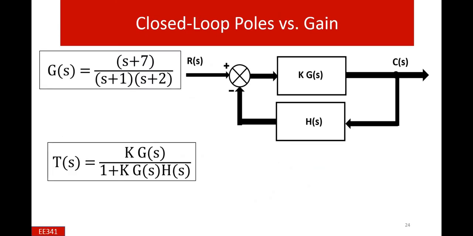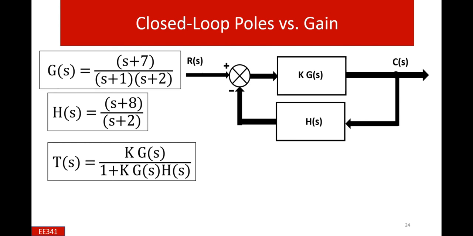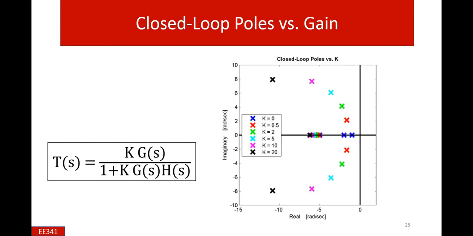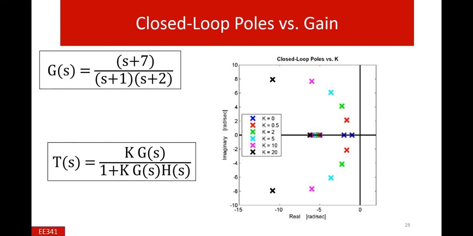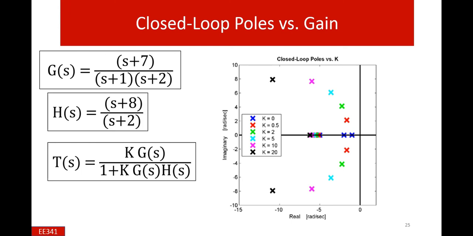In the next example, there is one zero and there are two poles in the forward transfer function, and the feedback transfer function has one zero and one pole at -8 and -2. So if we find the closed loop transfer function, then the poles depend on the open loop transfer function, which is dependent on k.